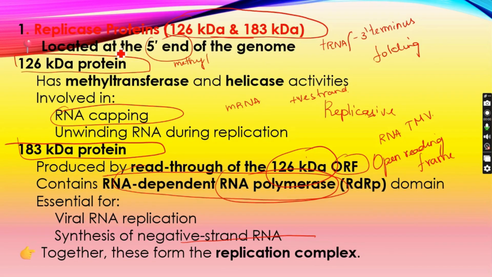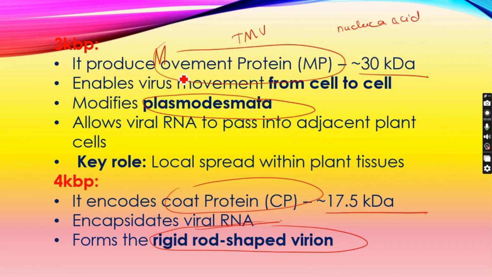Thus, a replicase protein is used, which is involved in RNA capping. The 183 kilodalton protein is involved in binding of RNA polymerase to the original positive sense RNA, whereas the movement protein is involved in infecting more plant cells, and the core protein is involved in synthesis of the capsid.